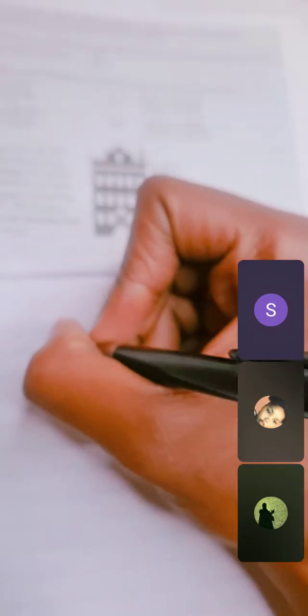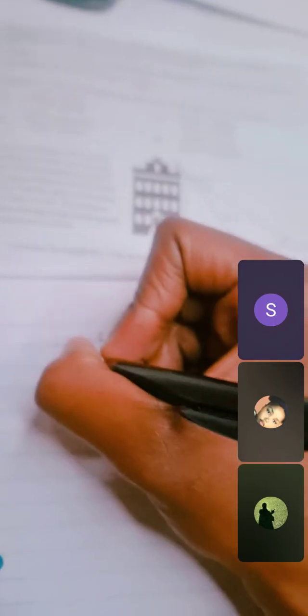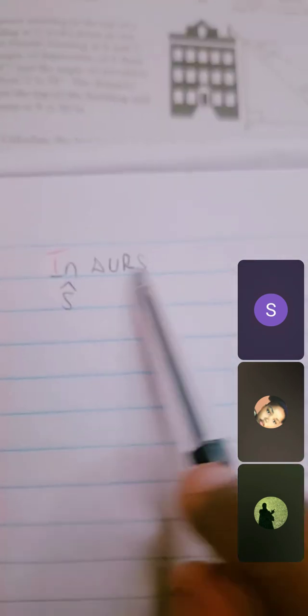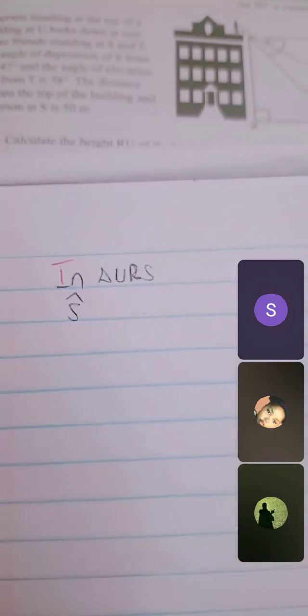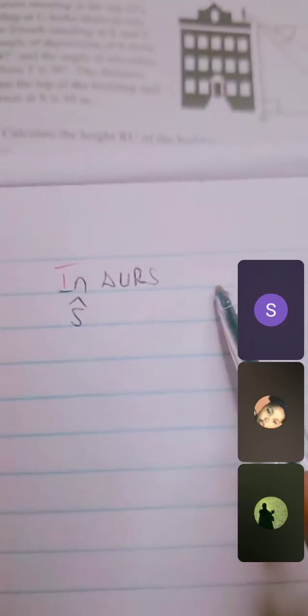Before you answer the question, you say in triangle URS, you mention the triangle you are working in, then you go ahead and say angle S. Then the angle S that you write down, I know that you are referring to the angle S that is within triangle URS. So if you state the triangle you are working in, you can say angle S loosely, because you have identified the triangle.